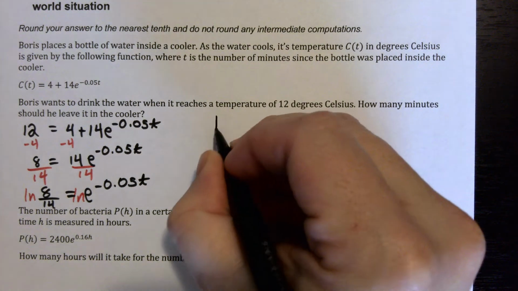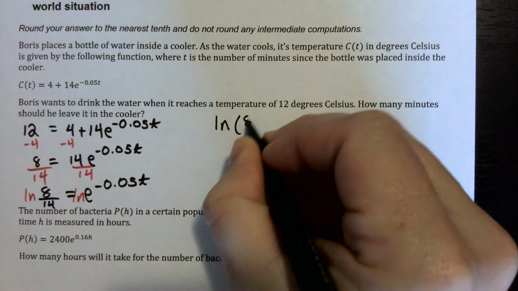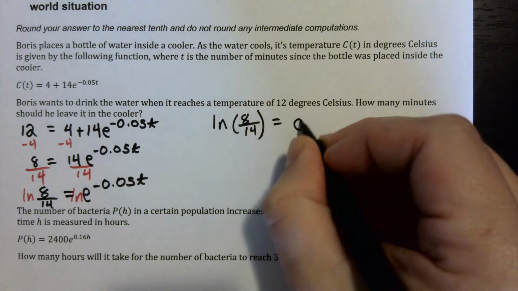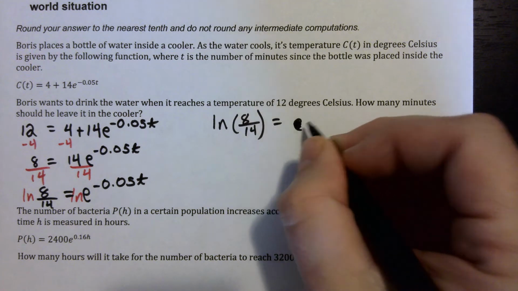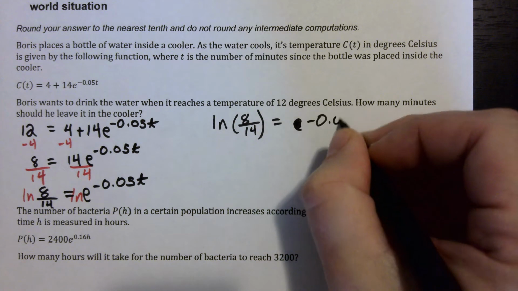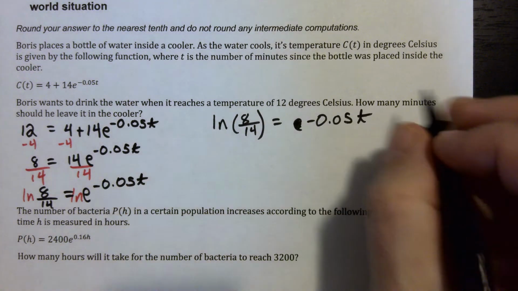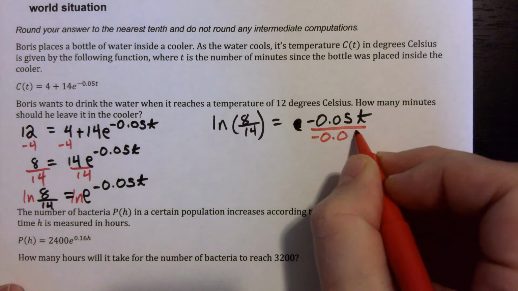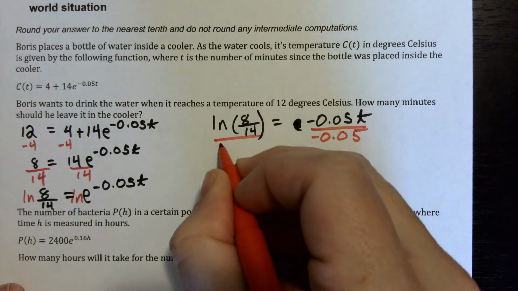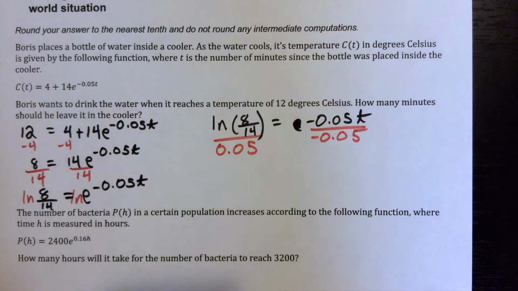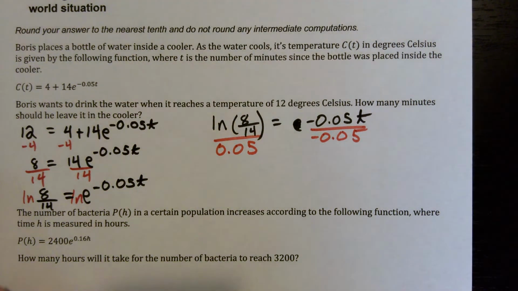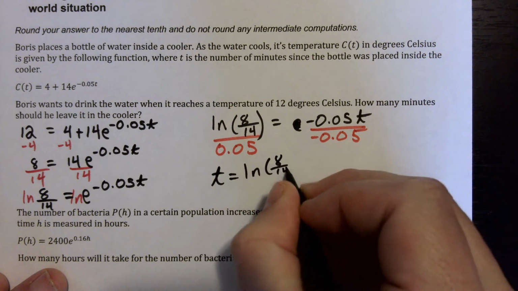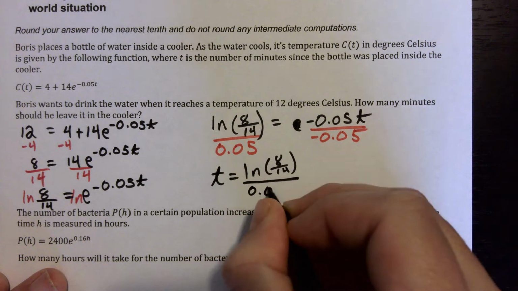So on the left side, we get ln of 8 over 14, which could be reduced if you want to, or you could just leave it alone, equals negative 0.05t. Okay, and we can divide that by 0.05, and that will complete the process of solving for t. So we know that t is equal to ln of 8 over 14 divided by 0.05.